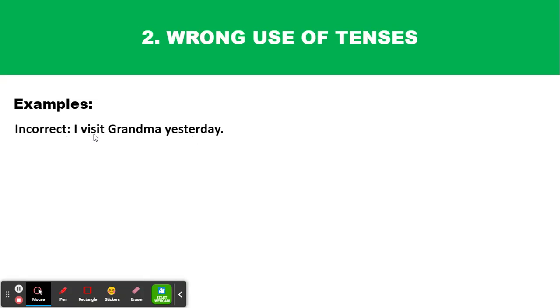The word "visit" is a verb in the simple present tense, but we are referring to a past event. So you must use a past tense to talk about past actions. The correct thing is, "I visited grandma yesterday."